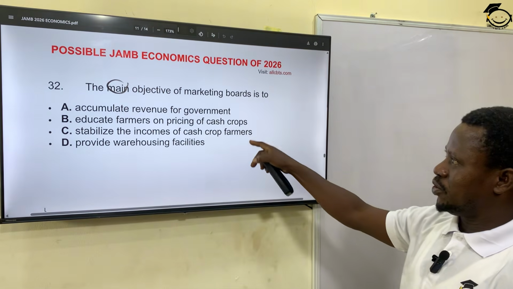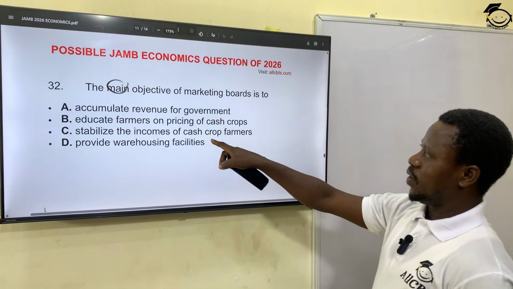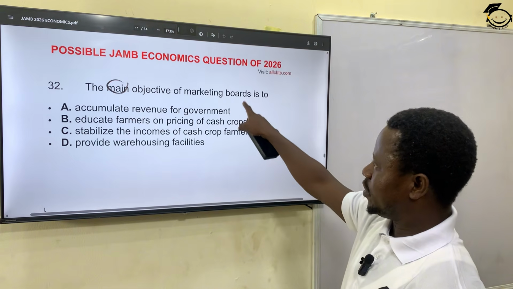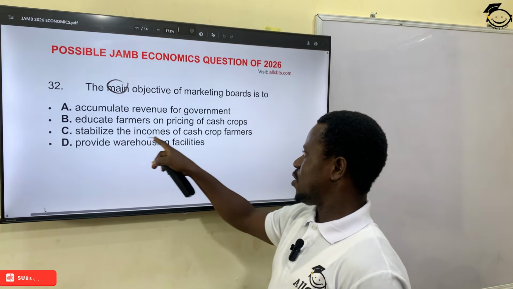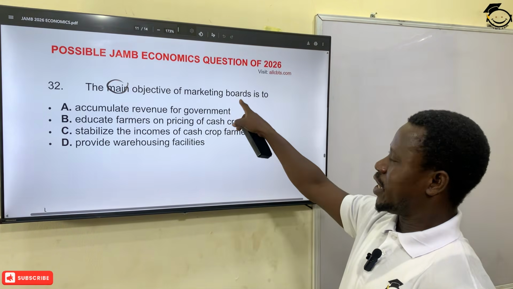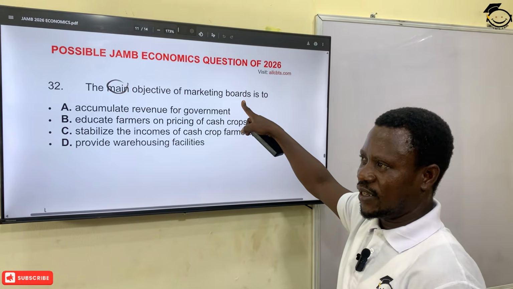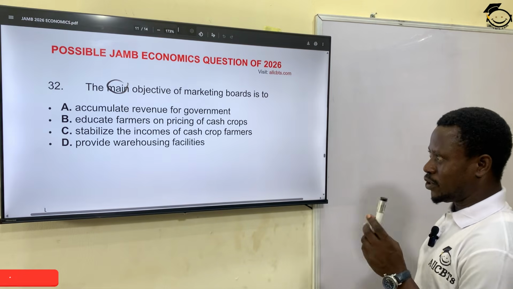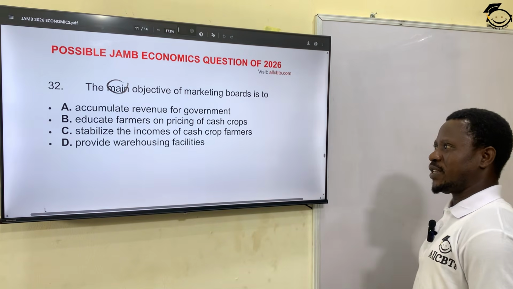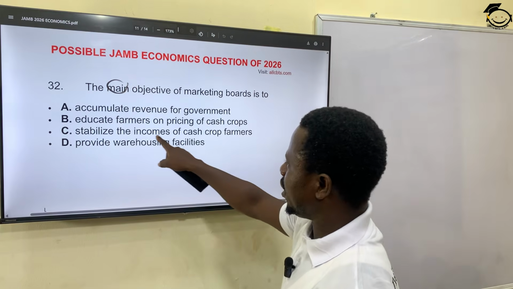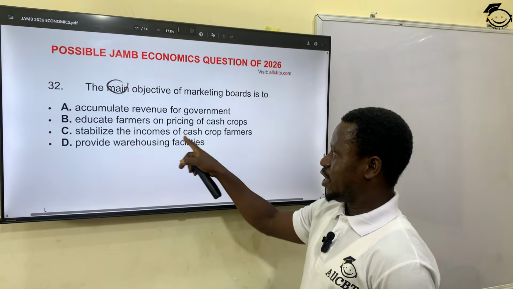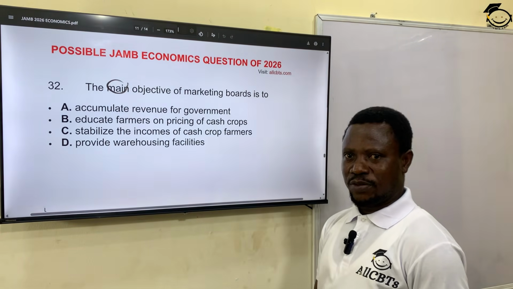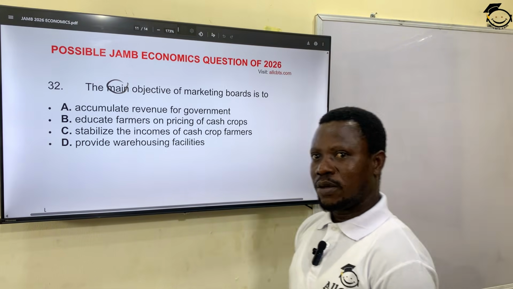So let's see between B and C. Educate farmers on pricing of their cash crop, that's marketing boards. Stabilize the incomes of cash crop farmers. Remember I told you, marketing boards were created to protect the producers of these major products, particularly cash crops. So the most correct answer is stabilize their income. When you stabilize their income, it will encourage them to keep on with productivity.